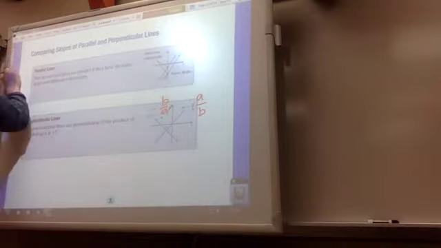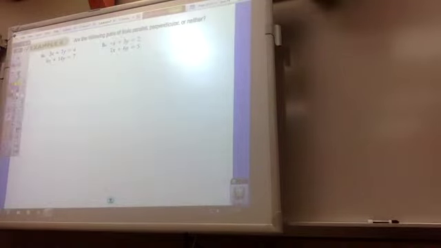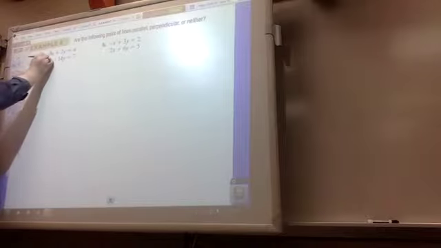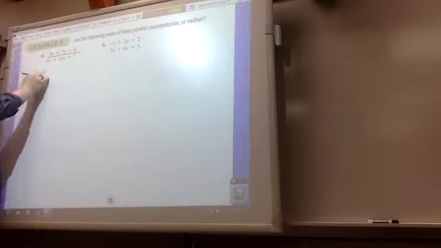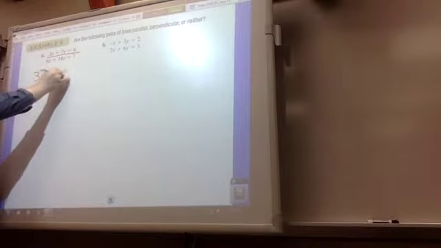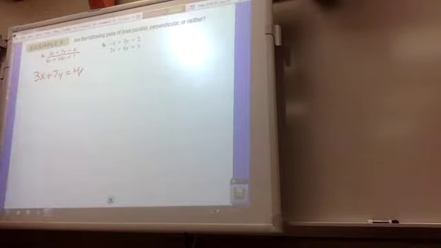All right, so let's look at these next problems. If you want to compare whether these lines are parallel, perpendicular, or neither, the first thing we have to do is find the slope of each one. Let's find the slope of this one: 3x plus 7y is equal to 4.